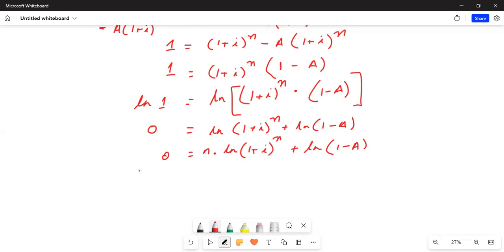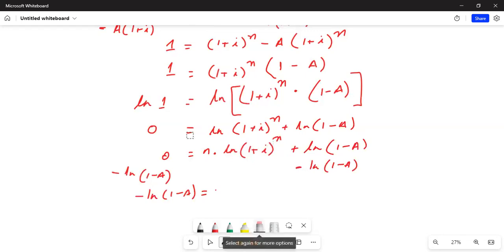So if I subtract ln (1 minus a) on both sides, on the right hand side ln (1 minus a) cancels, so I have minus ln (1 minus a) is equal to this. I'm sorry, this should not be any exponent anymore because I took the n in front. It is equal to n times ln (1 plus i).